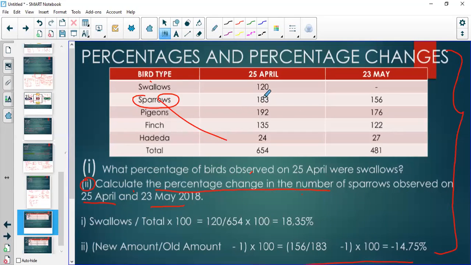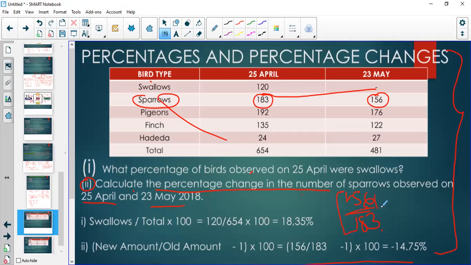So April 25 is 183. Now it's 156. So the change is going to be the current one, 156 over 183. Remember, change is always the recent value over the older value.